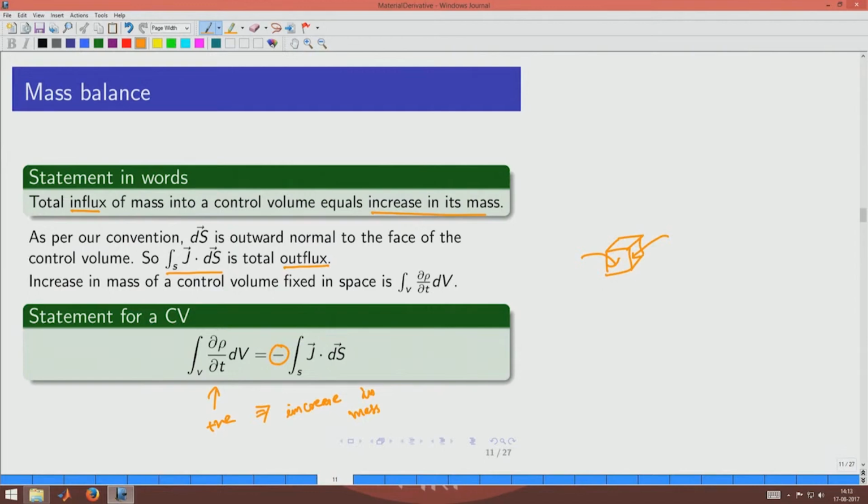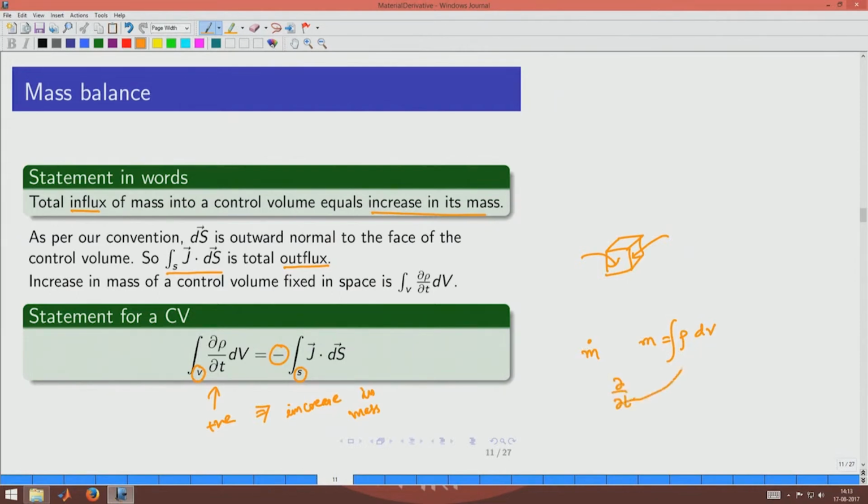Every time we refer to the surfaces, we have a surface integral coming in, and whenever we have a volumetric term, we have a volume integral. And instead of writing mass with a dot, which is the change in mass, the mass is written as the integral of rho dV, integrated over the entire control volume, and the change is given by dou by dou t.